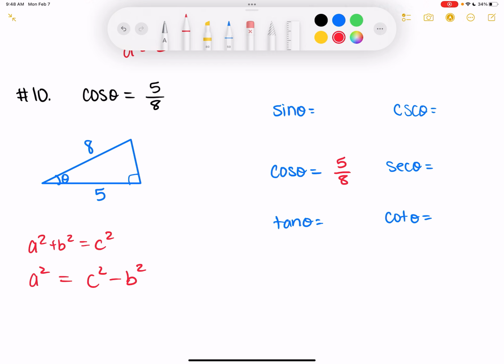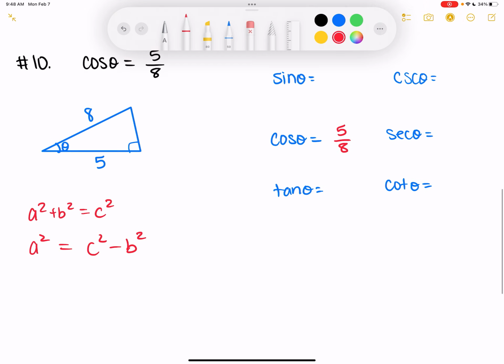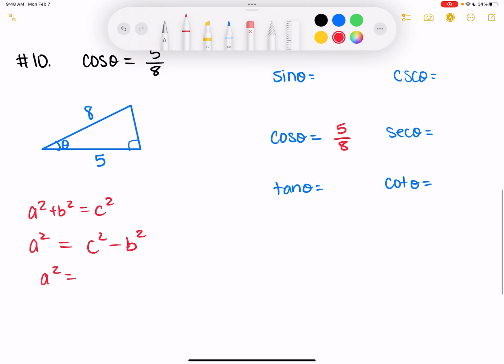So, plugging in numbers, I've got a squared is equal to, let's see, 8 squared minus 5 squared. And a lot of times under this step, I'll list it off as the square root of, I try to save as much writing as possible. So 64 minus 25, which, what is that?